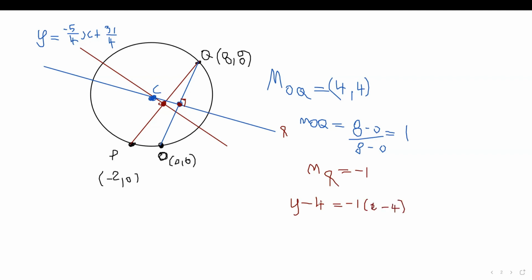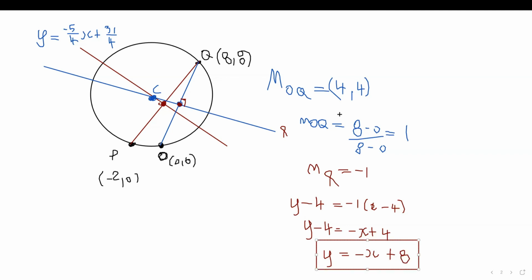Expanding, y minus 4 is equal to minus x plus 4, so y is equal to negative x plus 8. This is the line right here.